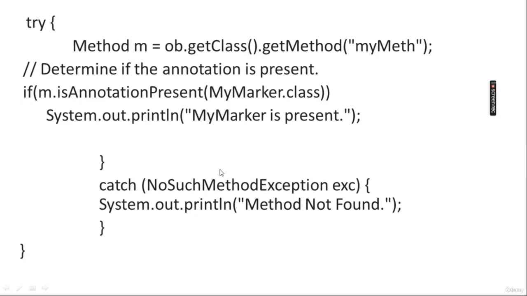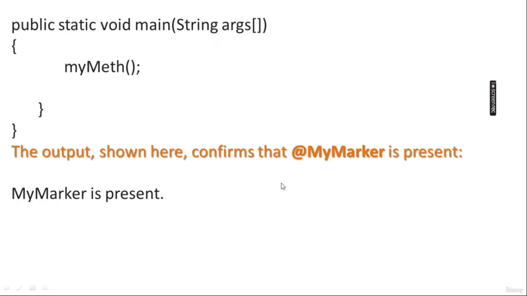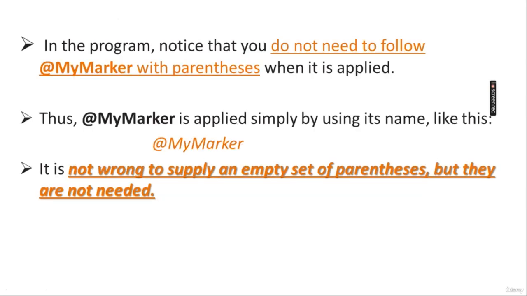And if no such method myMethod is there, it will catch the NoSuchMethodException. Then myMethod is called over here. The output will tell you that MyMarker is present in this program.